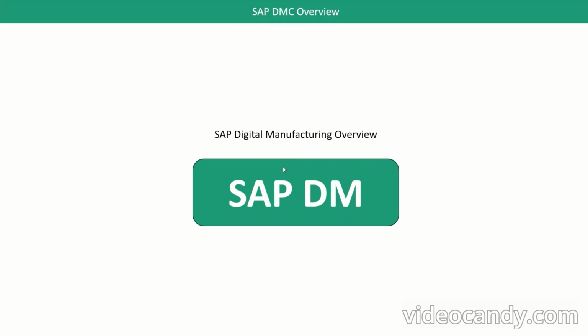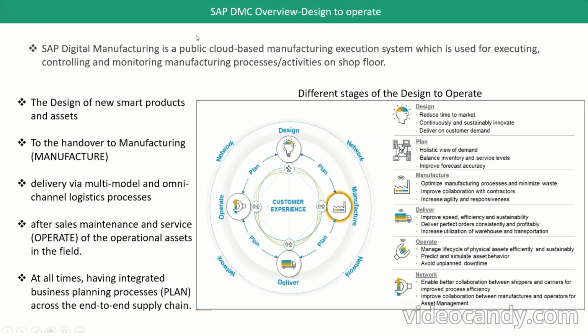So today I'm going through the SAP Digital Manufacturing overview. The first topic in the SAP Digital Manufacturing overview is design to operate.